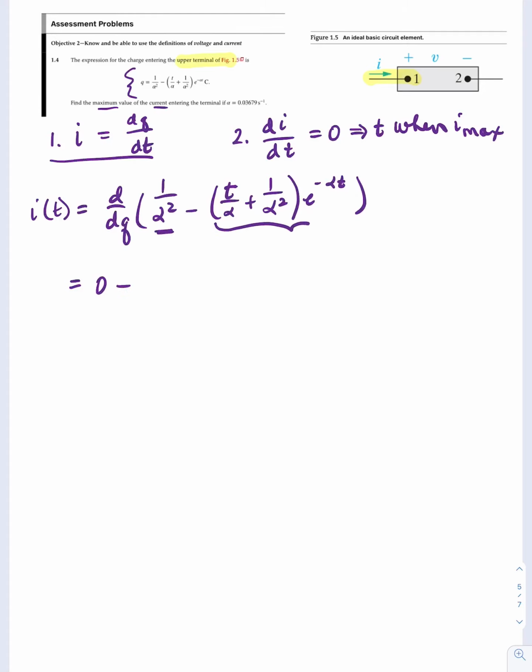And the second part here is a product, so we'll use the product rule. Let's find the derivative of the first one, which is 1 over alpha, times e to the minus alpha t, plus t over alpha plus 1 over alpha squared times minus alpha e to the minus alpha t.